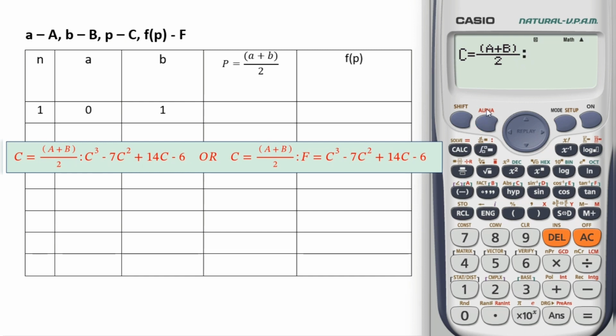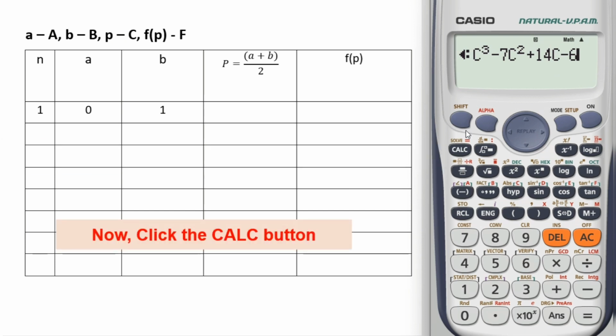And again, I type the function using C instead of x: C cubed minus 7C squared plus 14C minus 6. This is our function, and finally click the CALC button.